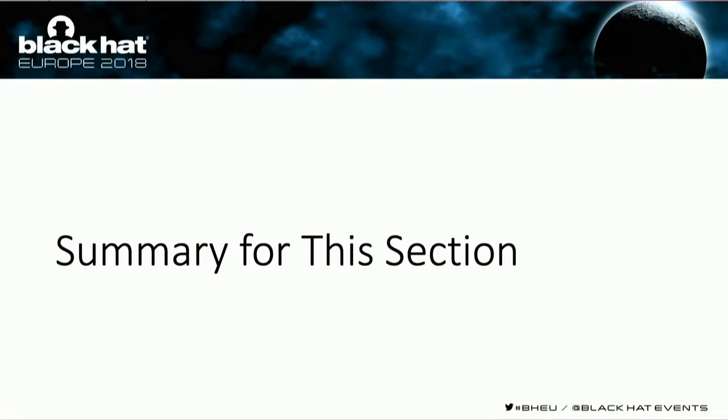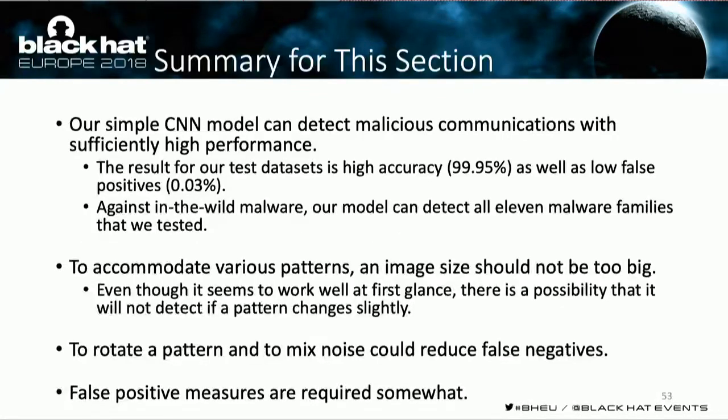Okay, let's summarize this section. Our simple CNN model can detect malicious communication with sufficiently high performance. The result for our test datasets is high accuracy as well as low false positives. Against in-the-wild malware, our model can detect all 11 malware families that we tested.